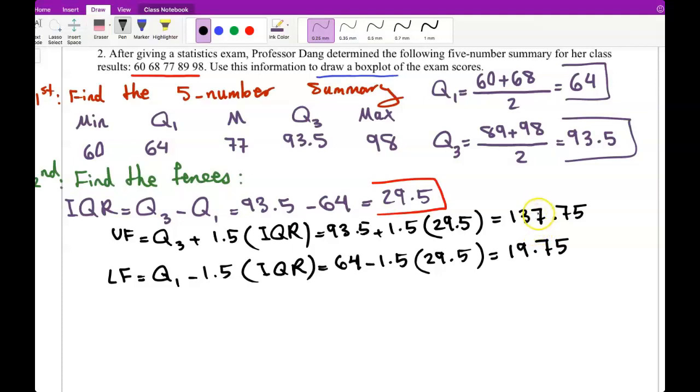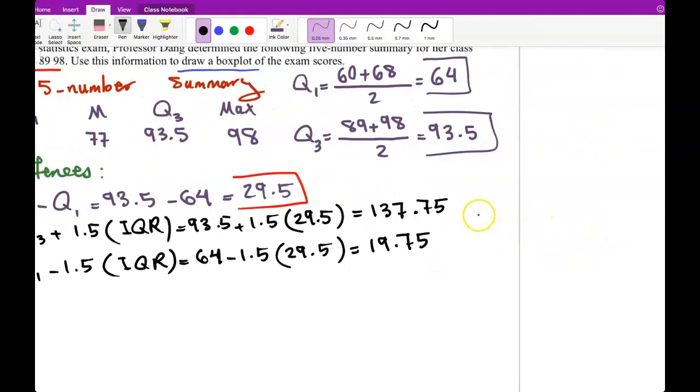So no data points are outside this range. That's why we don't have outliers.